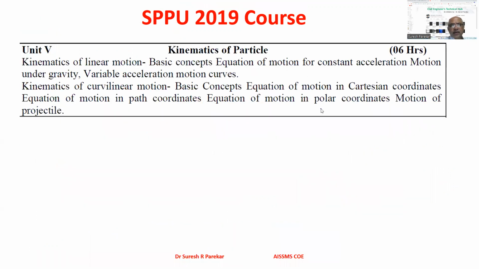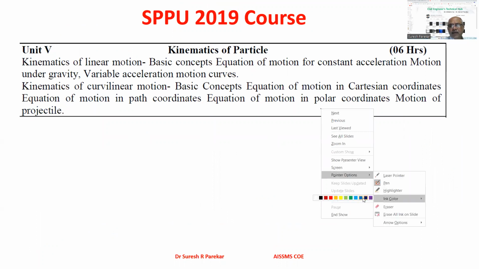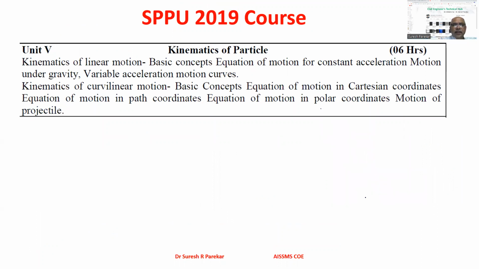Now we have covered the first part of this unit 5, and now we are going to switch over to the second part. In this we are going to cover the basic concept of equation of motion in Cartesian coordinates.